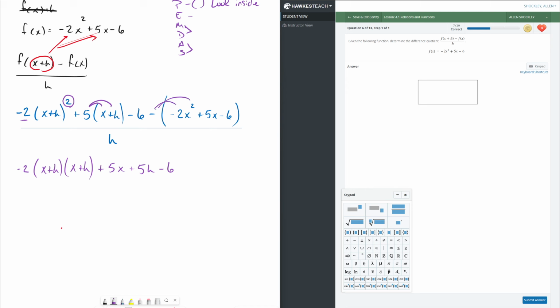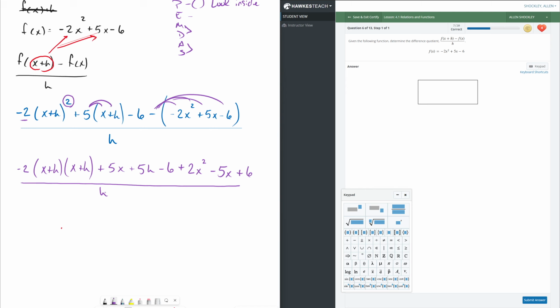Again, the negative sign gets distributed to everything inside the parentheses. So negative times a negative 2x squared is a positive 2x squared. Negative times the positive 5x is negative 5x. And negative times negative 6 is a positive 6, all over h.